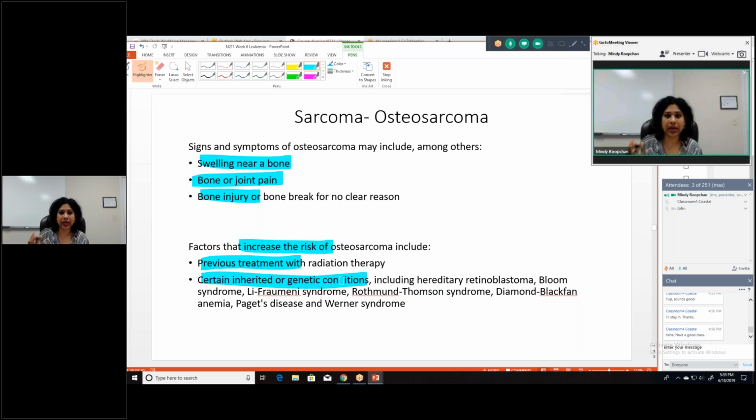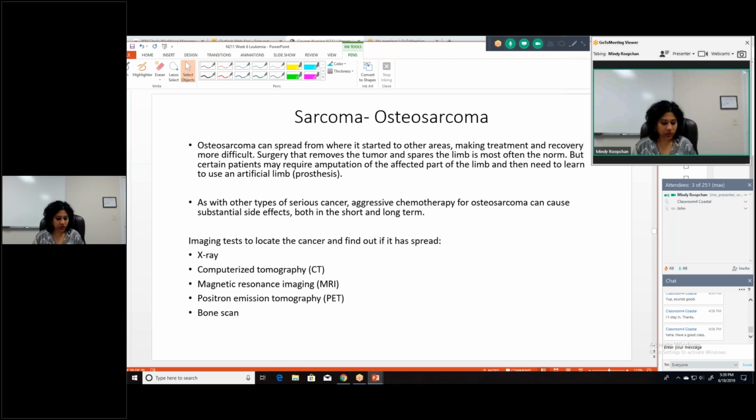The osteosarcoma can spread from where it has started to other areas, making treatment and recovery more difficult. Surgery that removes the tumor and spares the limb is most often the norm. But for some patients that require amputation, they now have to learn to use a prosthesis, okay?